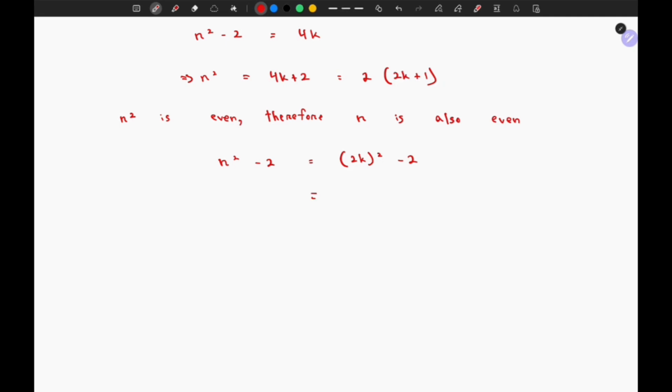Now, if we simplify this, it is 4k squared minus 2. If we take 4 common, we only get k squared minus 2. Or you can just take 2 common, so it's 2(2k squared minus 1). Now, as you can see, n squared minus 2 is an even number, because this is divisible by 2. This is not divisible by 4. So this contradicts our assumption.